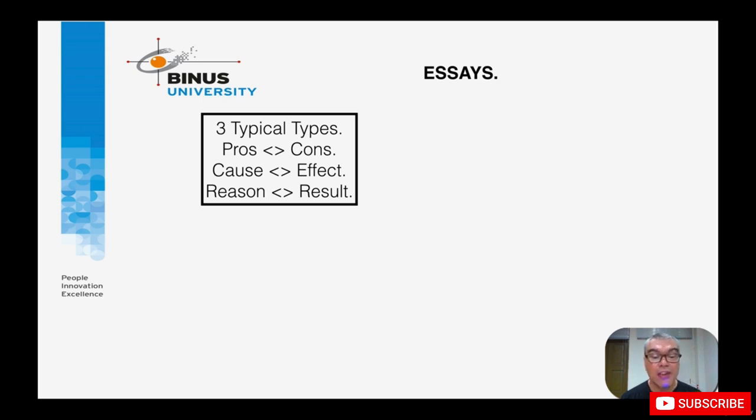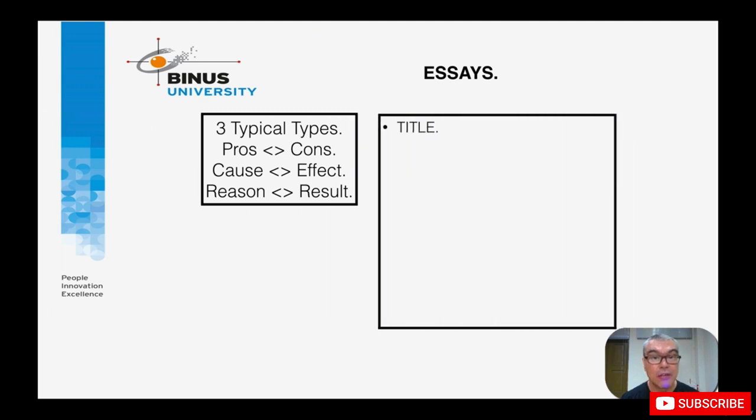Now, regardless of the type of essay that you're writing, here is your basic essay organization structure. So you'll begin with the title. Then, of course, you need an introduction. Now, the two key elements of the introduction are, firstly, the problem statement.